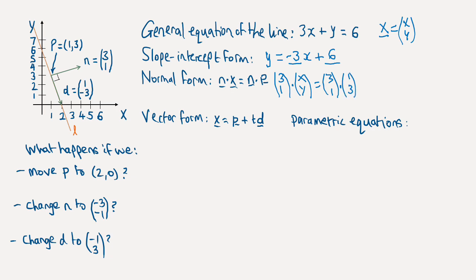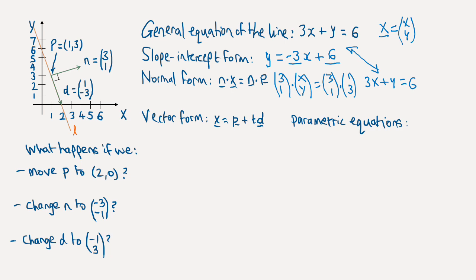And if I expand this, I'm going to have 3x plus y on the left-hand side, and then on the right-hand side I'll have 3 times 1 plus 1 times 3, so I'll have 6. So we can see we're back to the general equation of the line.